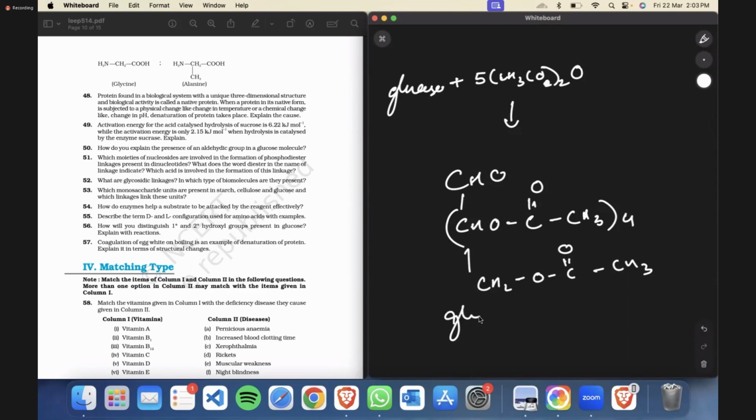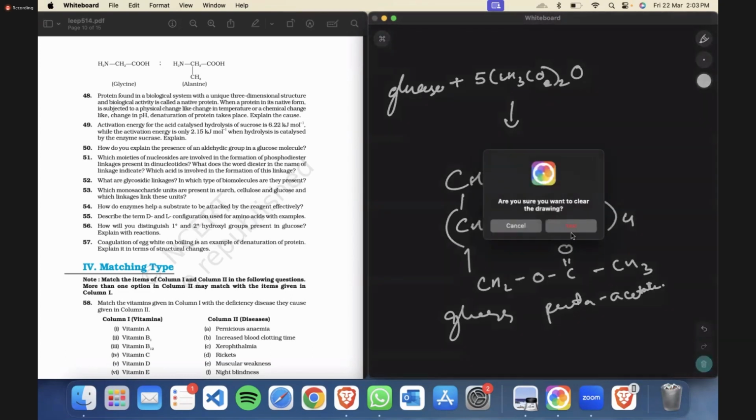This is called glucose pentaacetate. Okay. Now on its oxidation, it will form what? Saccharic acid.